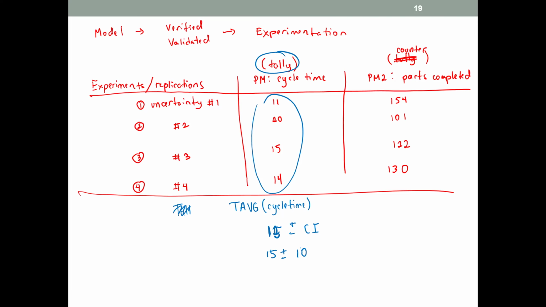If you remember the formula, there's something that you can do to your experimentation to make this confidence interval smaller. Well, standard deviation is more in terms of the variability observed. But there's something specific, and it's related to the number of experiments.